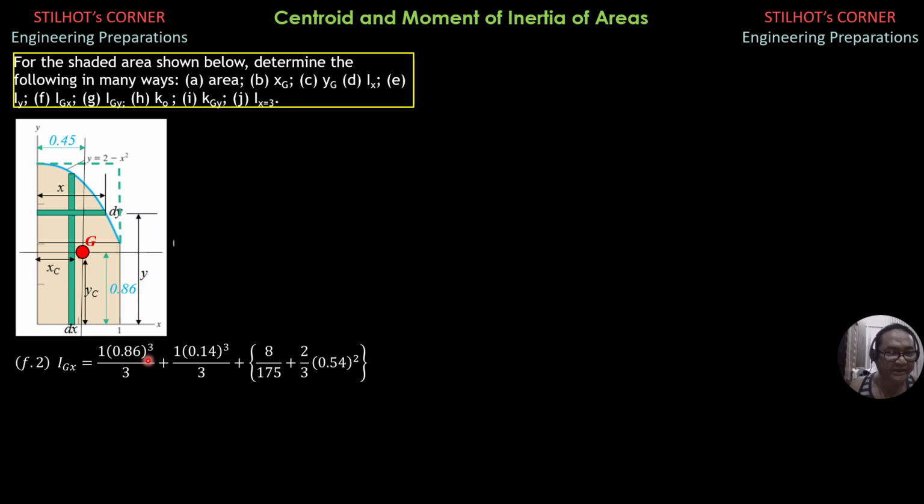So 1 times 0.86 cube over 3, plus 1 times 0.14 cube over 3. Then the moment of inertia of the parabola, we have to transfer it here.